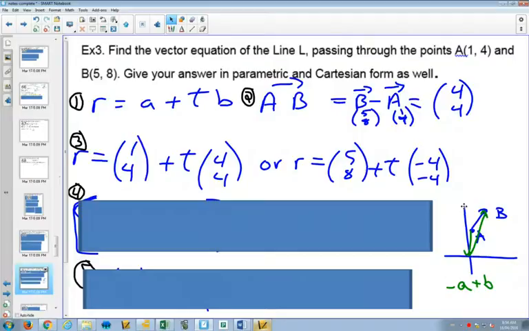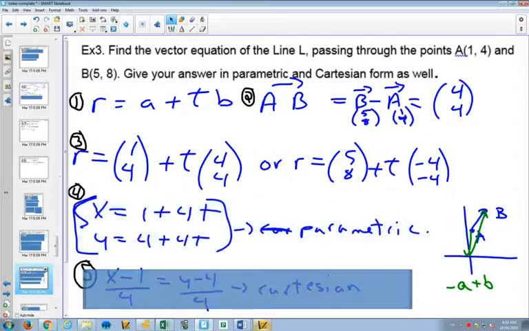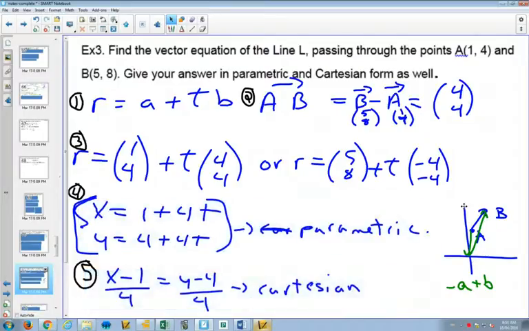And then the point A is any random point, so you could have chosen 1, 4, or you could have chosen 5, 8. Whichever one you've chosen, you can write your parametric and your Cartesian forms from that as well.